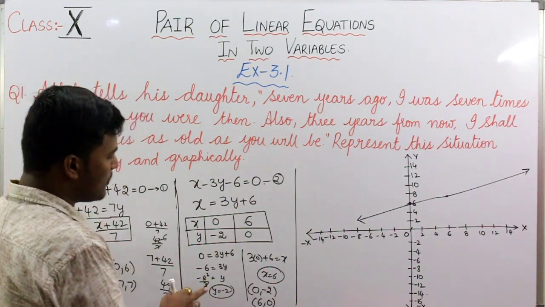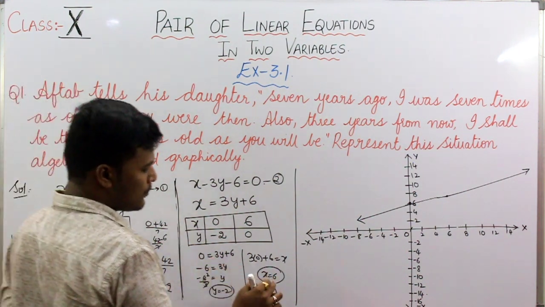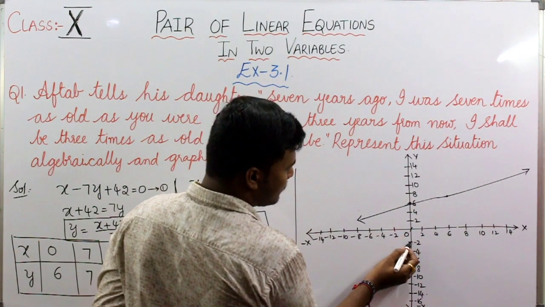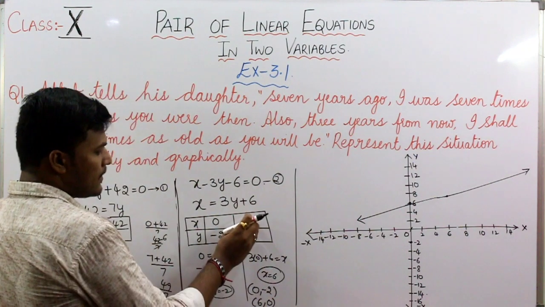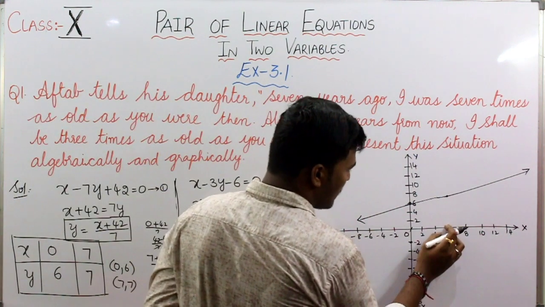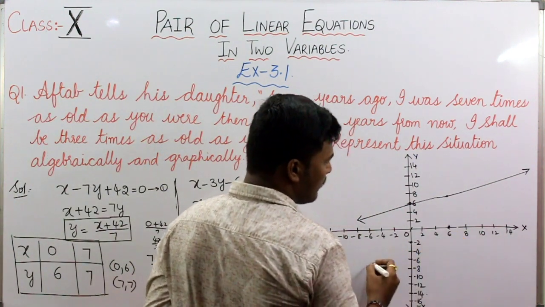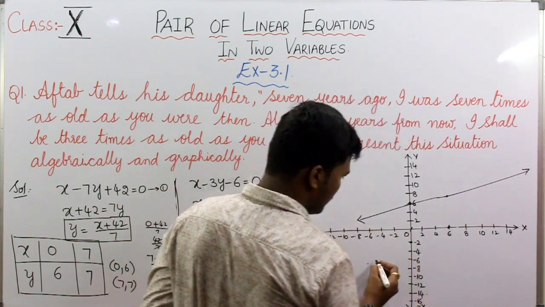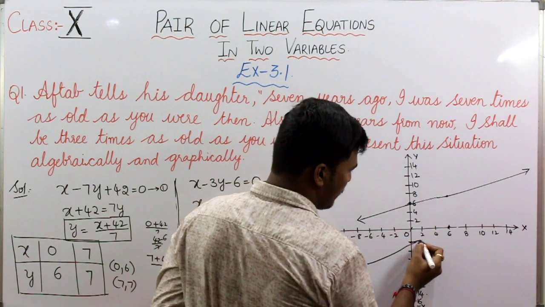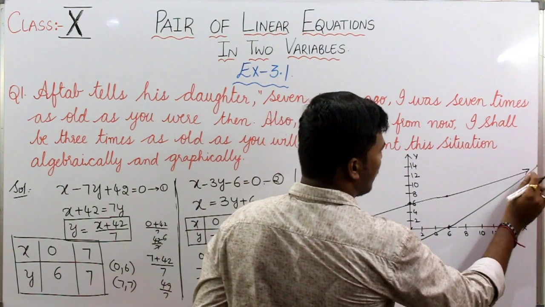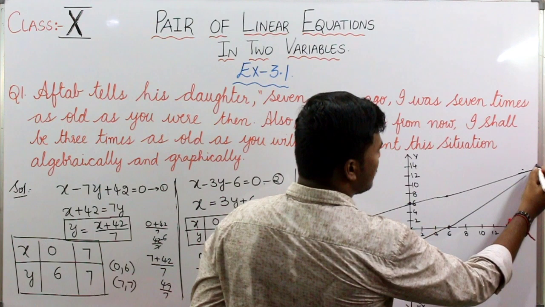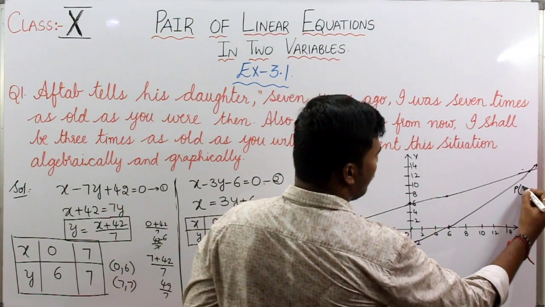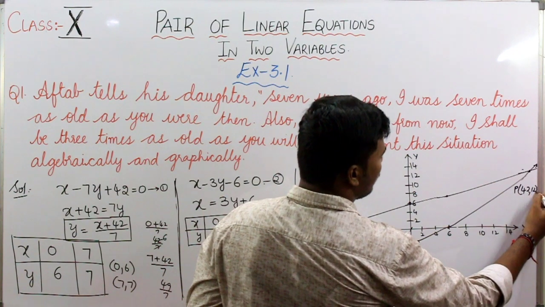Now for the second equation, 0 comma minus 2. Right, this is 0 and minus 2. And next one is 6 comma 0. 6 comma 0 means it will be on the same line. So if I extend this, okay, both will intersect at the point P of 42 comma 12.